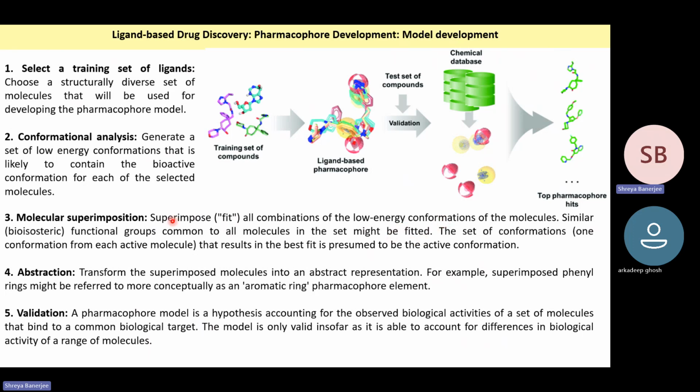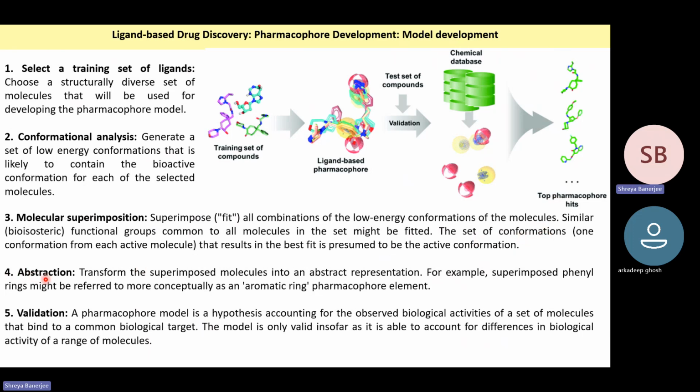Then we can predict that those are the functional groups that must bind to the binding site because they are the common feature of all the binding molecules. And the set of conformations that has the best fit is assumed to be the active conformation, which has the binding to the biological active site.